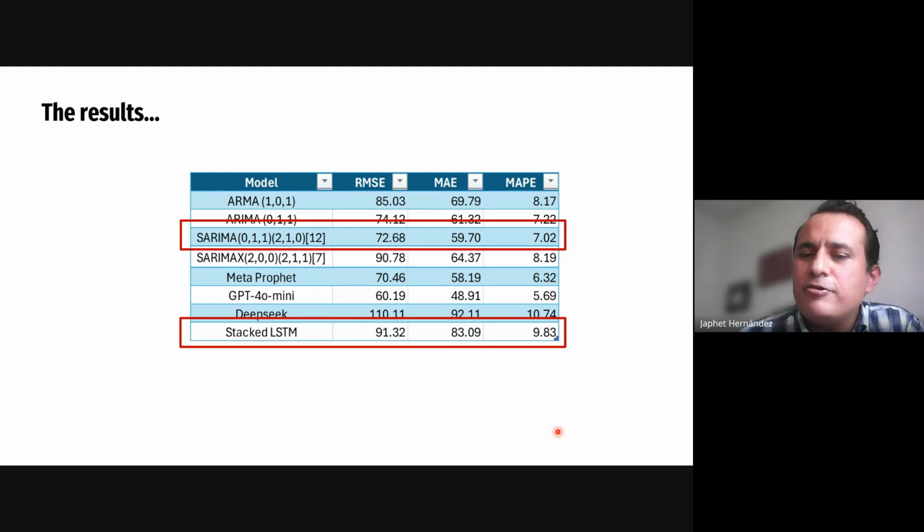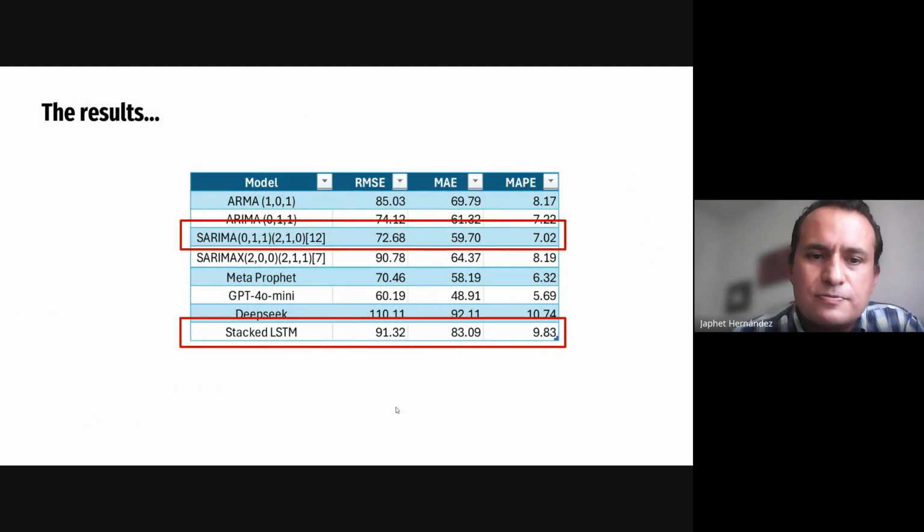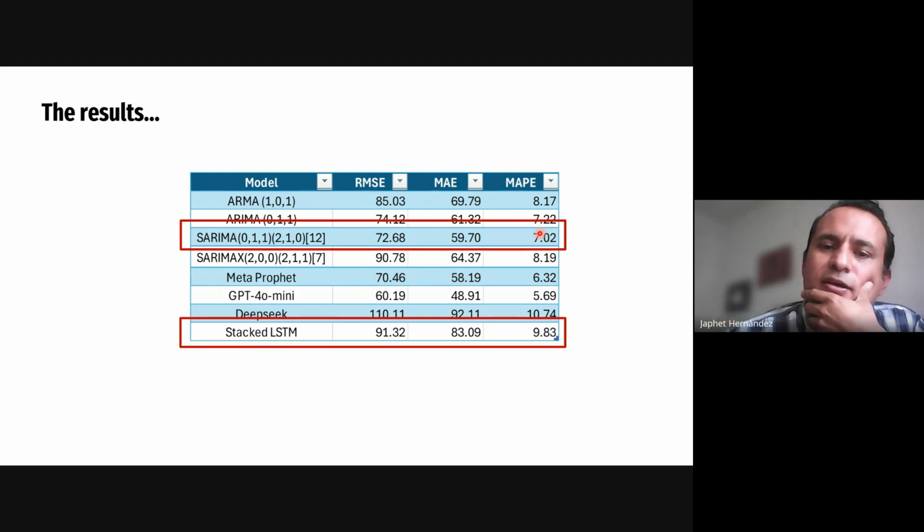Right now we're going to cover the findings of why we are not staying with a SARIMA model, for instance. As we go back in the results, the metrics, the mean absolute percentage error, the absolute error, and the root mean square error, look great in the SARIMA model.